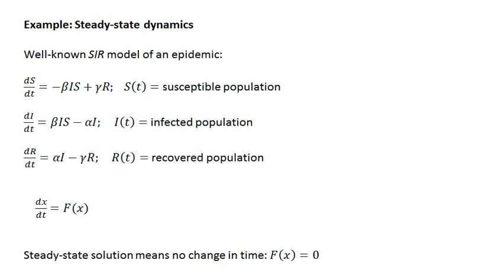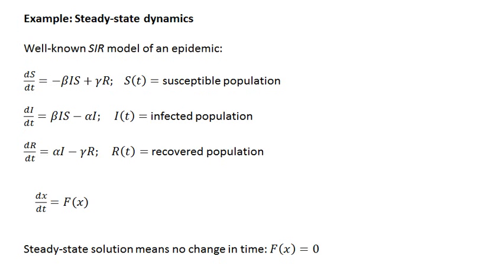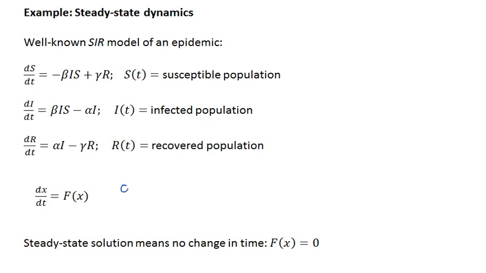So imagine that these populations are all functions of time. So we can write down a model that describes the evolution of these three populations in terms of some differential equations. So there's a differential equation for S, an equation for I, and an equation for R. So together these make up a dynamical system.